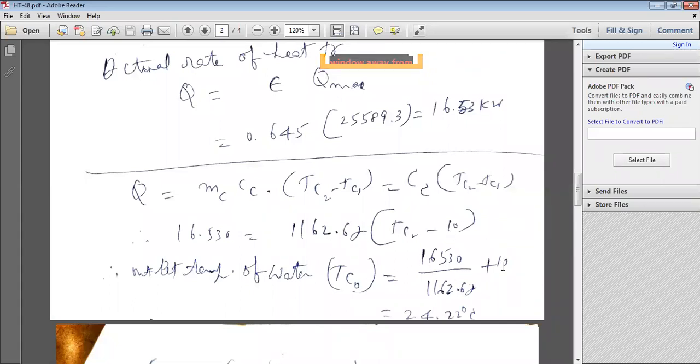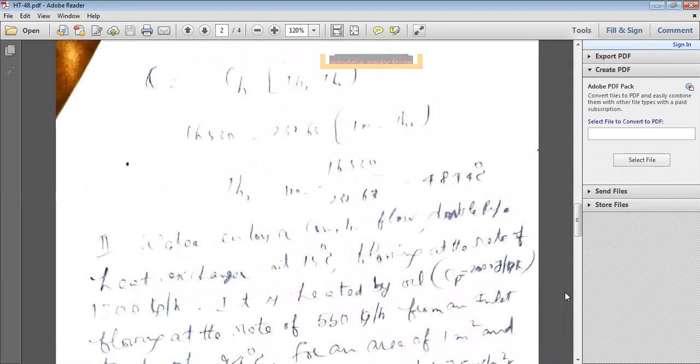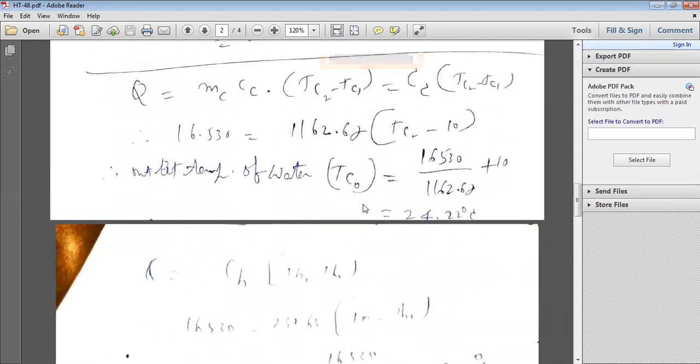Then you get the outlet temperature of the cold water, TC2, 24.22 degrees centigrade.